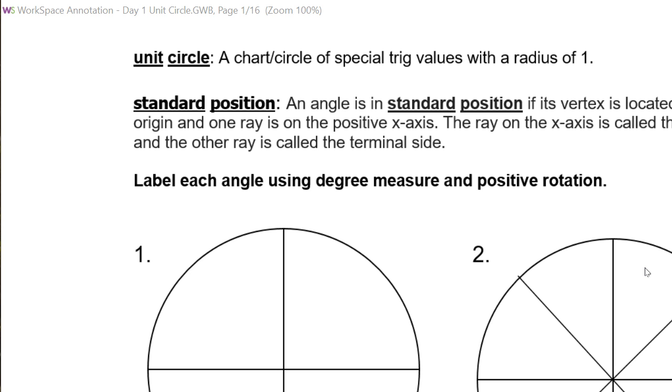So the definition for a unit circle is a chart or circle of special trig value with a radius of 1. And I'll give you time to copy that down.